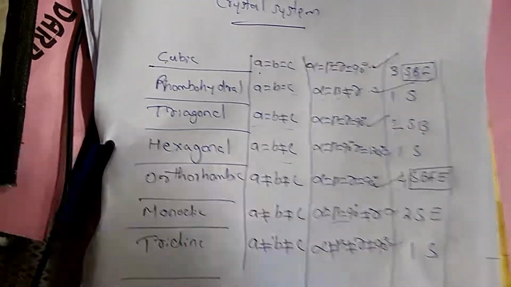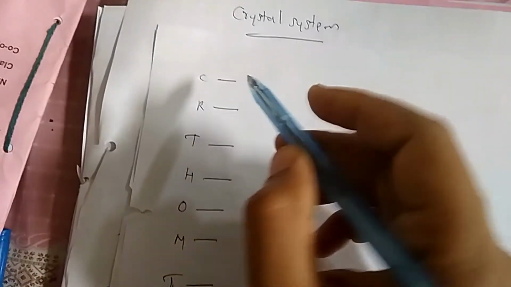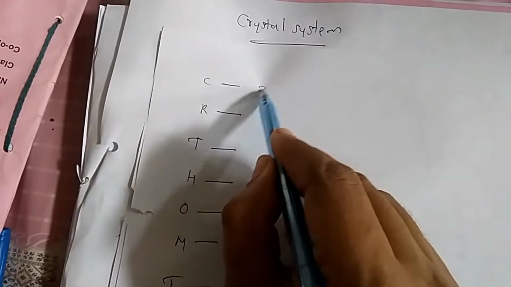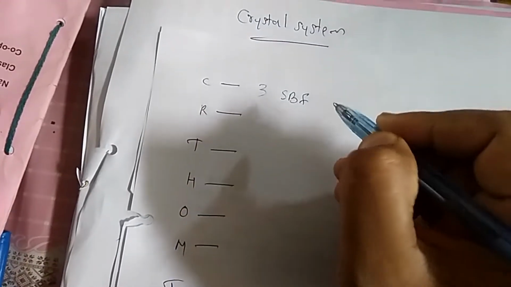So what are the examples in the crystal systems? When we see the examples, we first follow the CRT order. C means cubic crystal system. In the cubic crystal system, we have 3 types: simple, body centered and face centered.